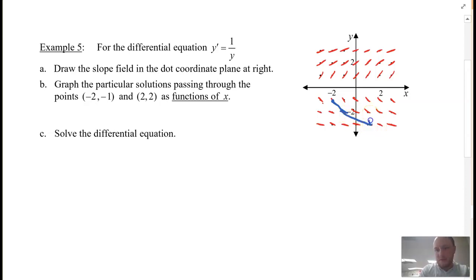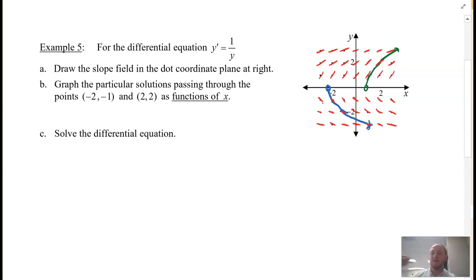So it looks something like this, and then coming up here, we're non-differentiable at this point. I'll go ahead and do the second one at 2, 2. So 2, 2 is here. Again, there's my function, and non-differentiable at 0.